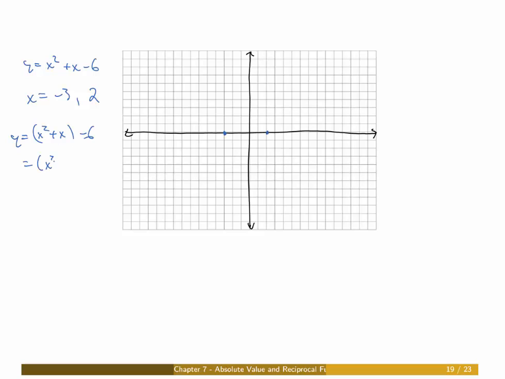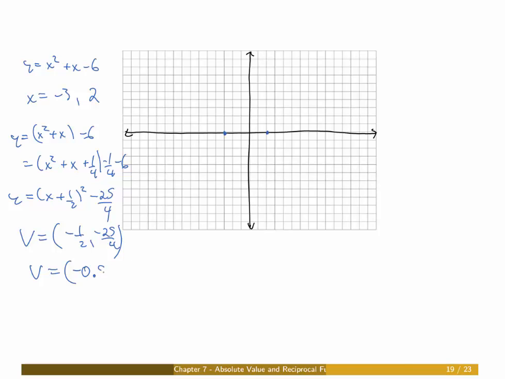This is going to equal x squared plus x plus 1 over 4 minus 1 over 4 minus 6. Y is going to equal x plus 1 over 2 squared, and negative 1 over 4 minus 6 is equal to negative 25 over 4. So your vertex in this case is negative 1 over 2 and negative 25 over 4, which is negative 0.5 and negative 6.25.